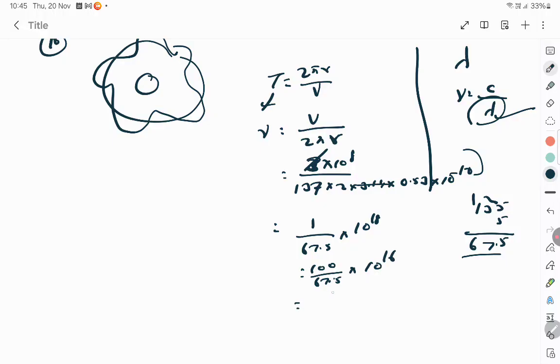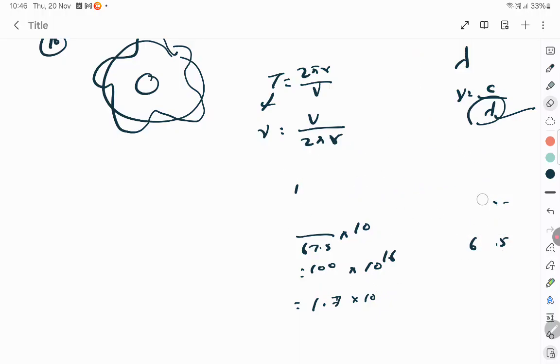Let's approximate it to 67, so it will be about 1.7 into 10 to the power 16. But the answer is 6.6.